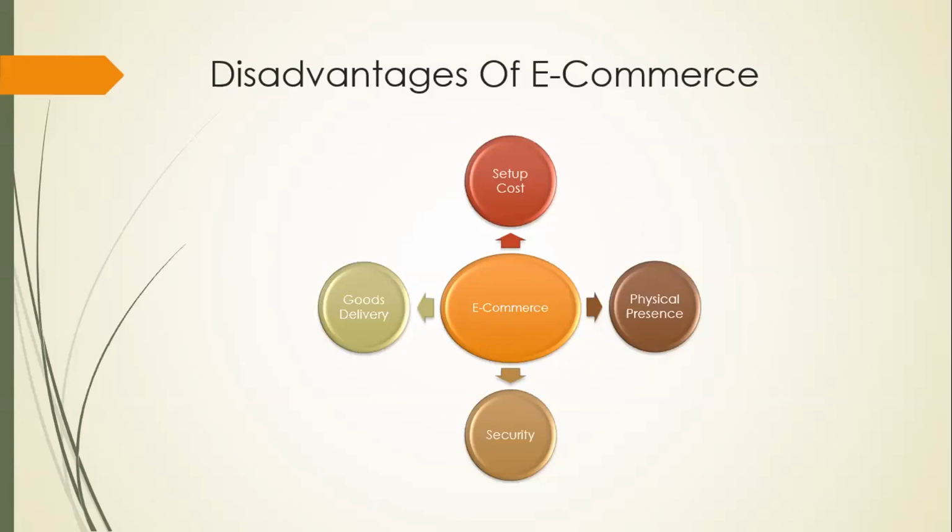If it is a faulty product, you need to again go through the procedure of returning and all, with all the disclaimers and everything. So there can be problems with the fulfillment of the order. Even after the order is placed, there can be a problem with the shipping, delivery mix-ups. So these leave customers sometimes unsatisfied. So this is the biggest disadvantage of goods delivery of e-commerce.